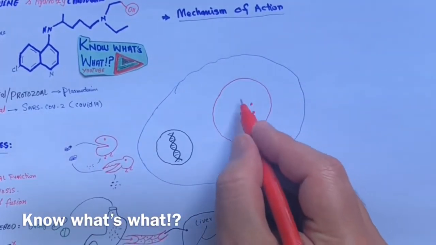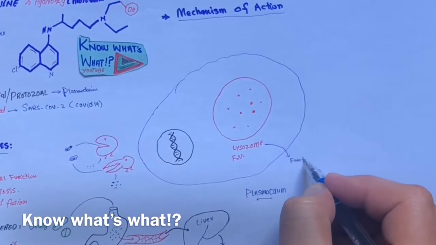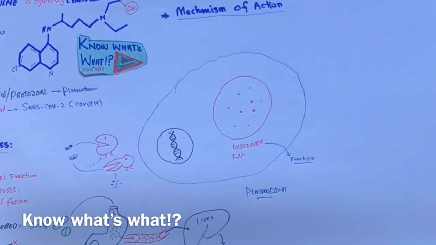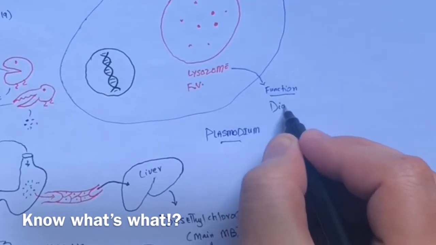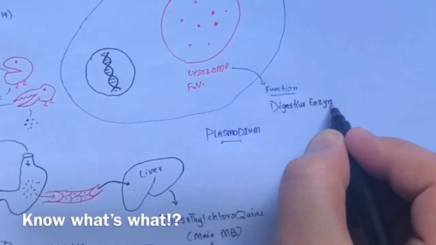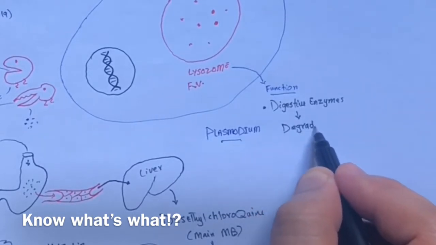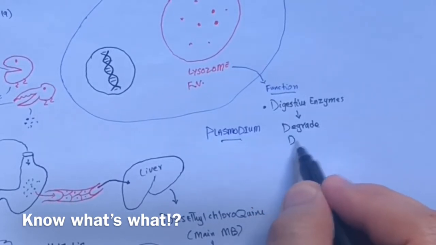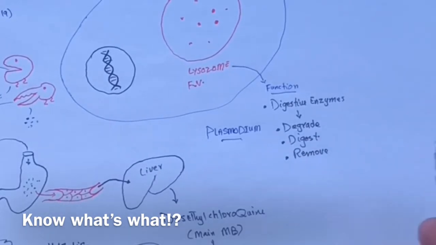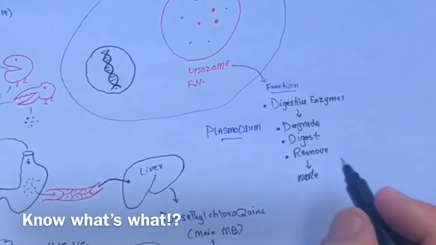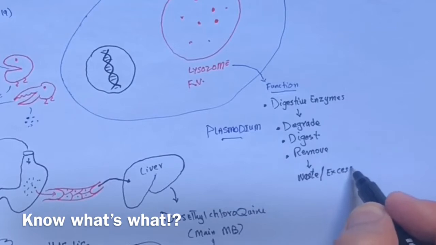Now, if we look at the function of the lysosomes, as we know, it has the digestive enzymes. Now, these digestive enzymes work at a certain pH. When the pH is low and the environment is acidic, they will degrade, digest, and remove the waste product, the excessive or worn out cells, bacteria, and viruses.